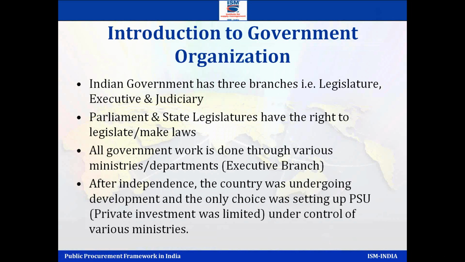So naturally the government had to promote development activities, and came up with PSUs, public sector undertakings, because there was hardly any private sector investment. In the beginning there were a lot of PSUs, and they are under the control of various ministries.